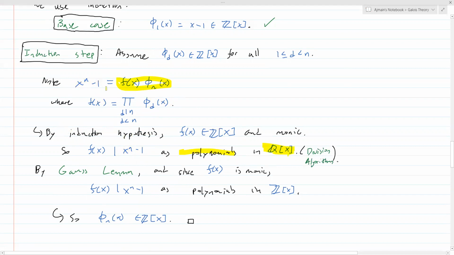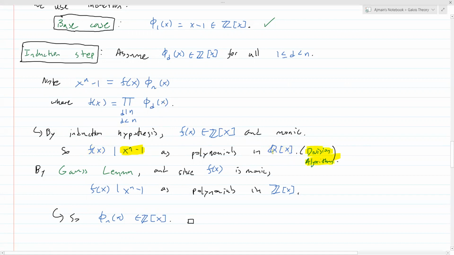Since f of x and x to the n minus 1 have integer coefficients, in the ring of polynomials with rational coefficients, f of x divides x to the n minus 1. And this is the division algorithm.